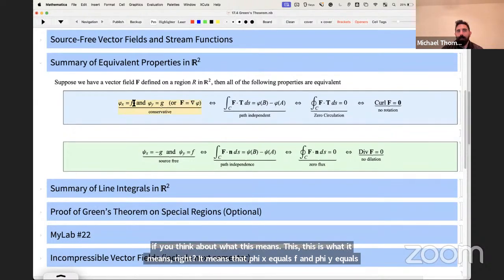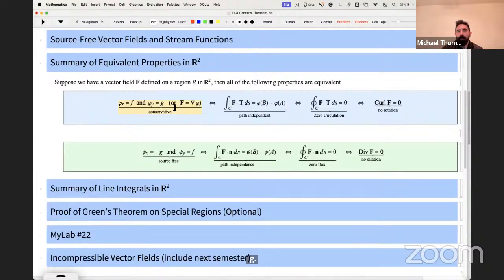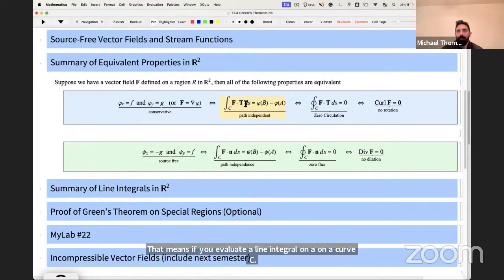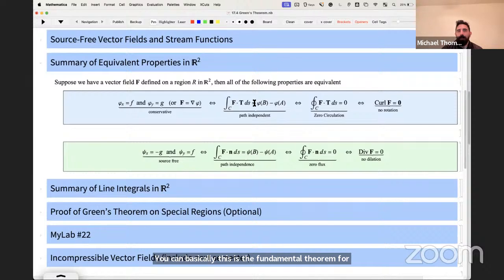All right. So let's say a vector field is conservative. That means that you have path independence. We talked about that in the last section. That means if you evaluate a line integral on a curve C, the fundamental theorem for line integrals says you can ignore everything that's happening on the curve except for the endpoints, and you can just evaluate phi of b minus phi of a.